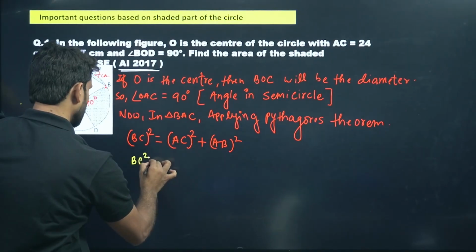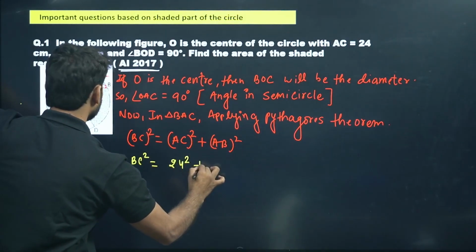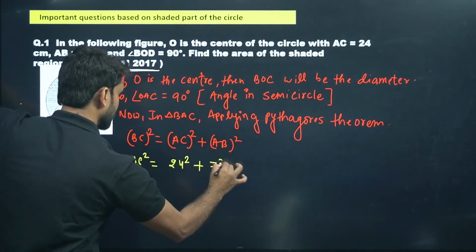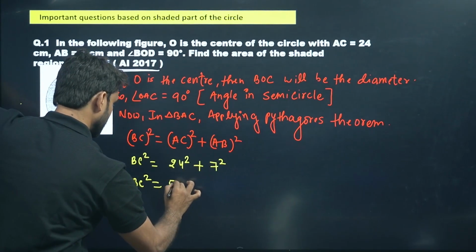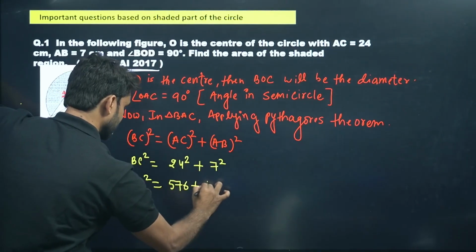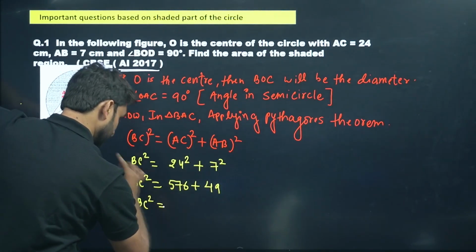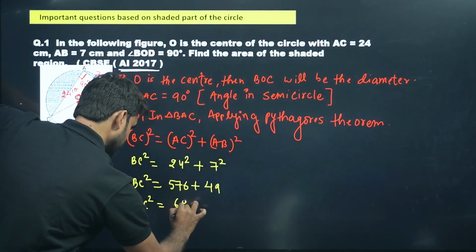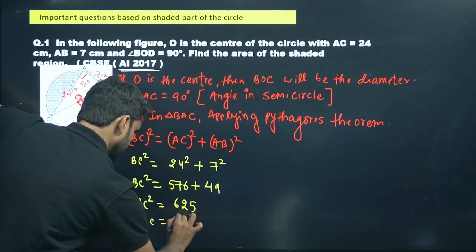But AC is given here, AC is 24 square. AB is also given here, 7 square. So BC square equals 24 square, that is 576, plus 7 square, that is 49. So BC square will be 625. So BC will be under root 625.